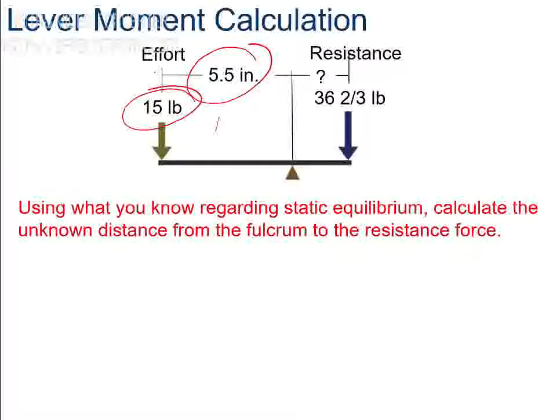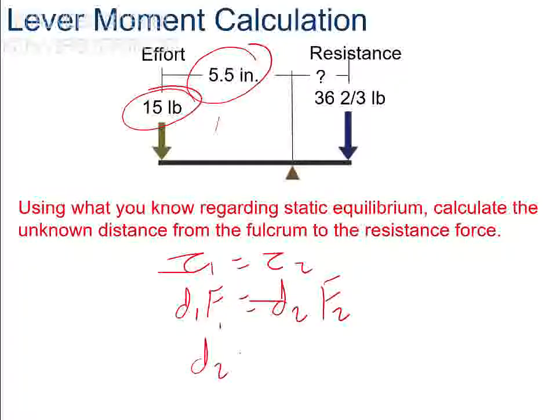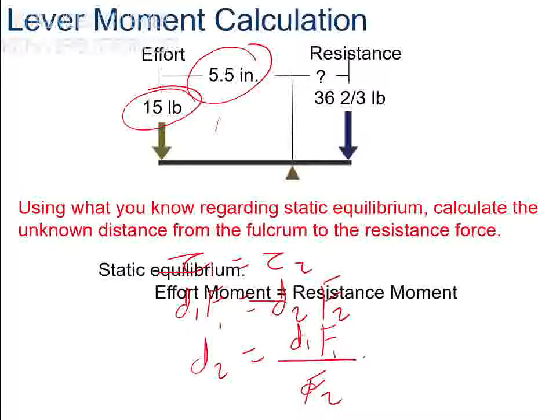Using what you know regarding static equilibrium, calculate the unknown distance. Since torque 1 is equal to torque 2, d1 f1 is equal to d2 f2. And from this, if you are asked for d2, it is d1 f1 over f2. You can apply this.